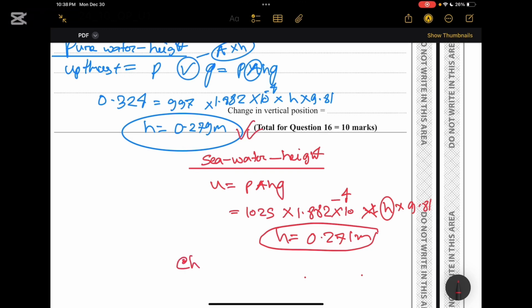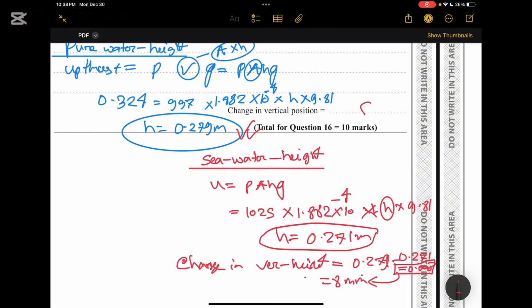So the change in vertical height is equal to 0.279 minus 0.271, which is equal to 8 millimeter, though this value comes as 0.0008, which can be converted into 8 millimeter.